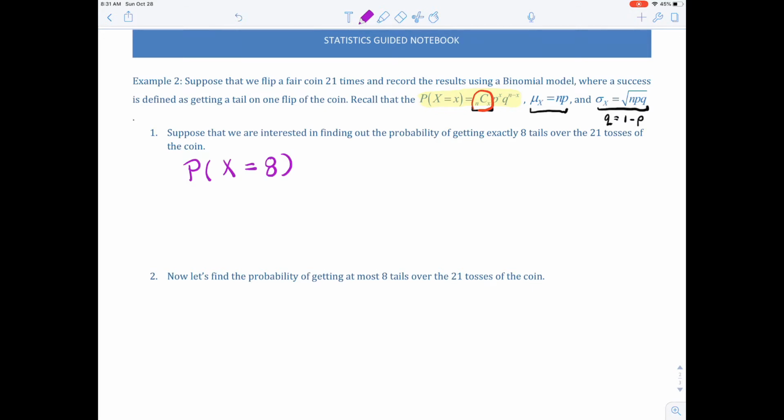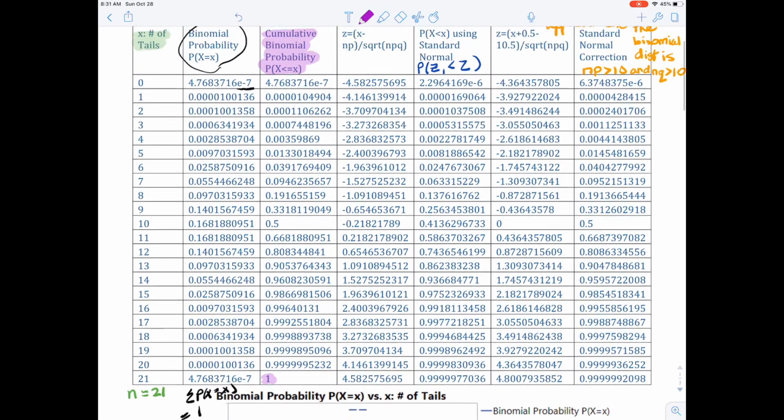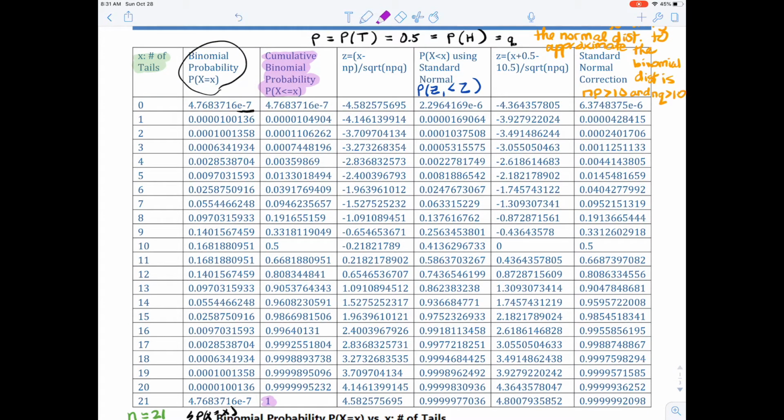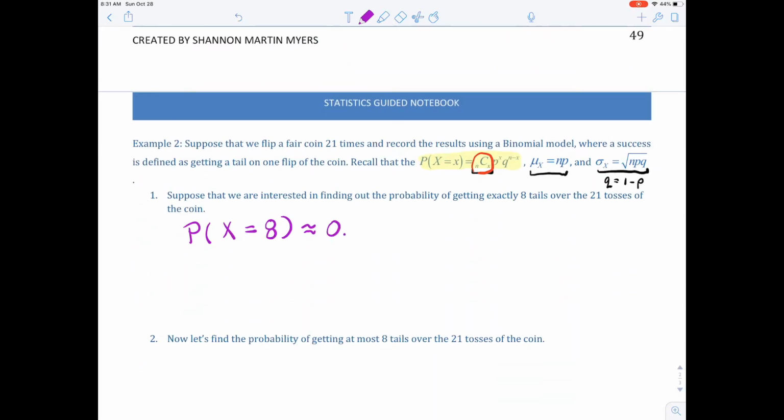We come back to our chart. The probability that X equals 8 is right here. That's just the case where we get 8 tails. There are many different ways that you can get 8 tails, and this probability sums them all up. Let's just go to 4 decimal places: 0.0970 would be our rounded amount. And we're all done with that one.